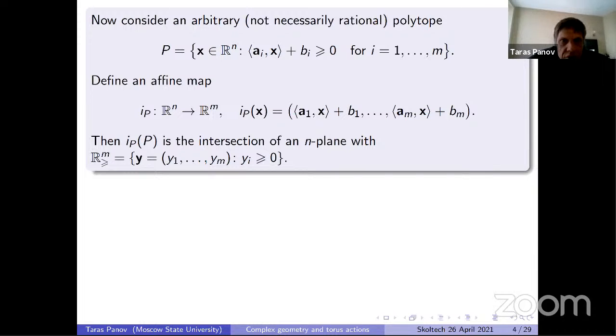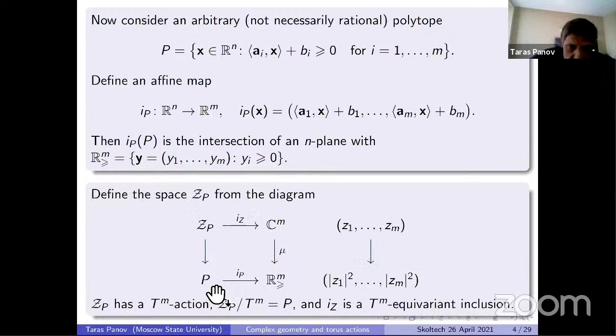That's just simple convex geometry: up to affine equivalence, you can get an arbitrary n-dimensional polytope as an intersection of an n-dimensional plane with this coordinate orthant. Obviously, if x is in your polytope, then all those values are non-negative, and therefore you're actually in this positive orthant.